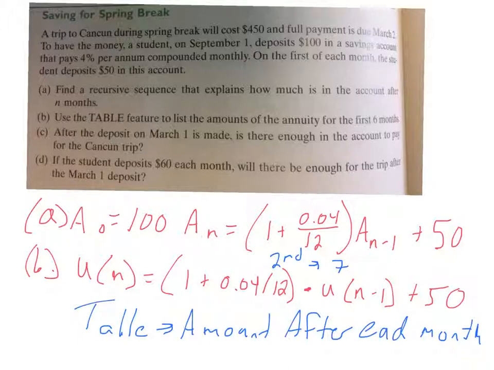And so December 1st, January 1st, February 1st, and at March 1st, you're going to have $404.53. So in your table here, A sub 4 is 404.53.